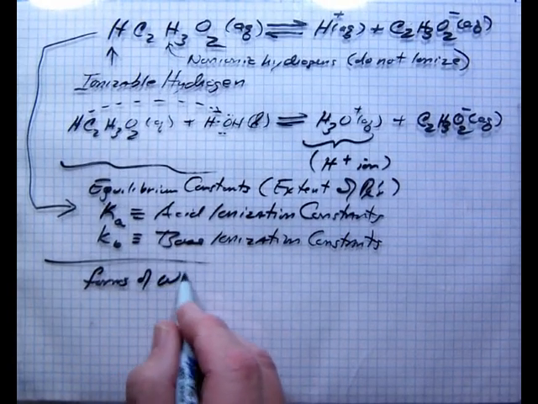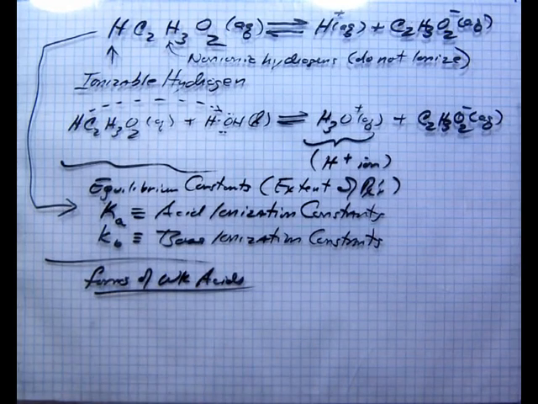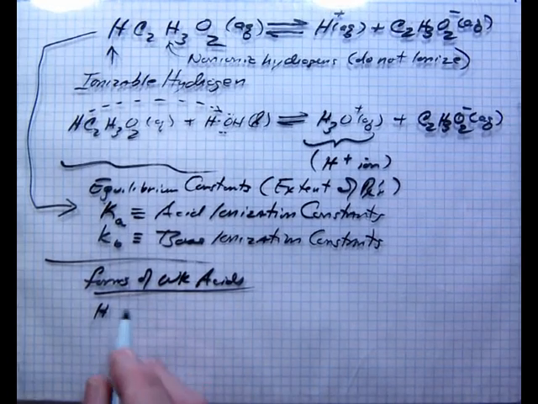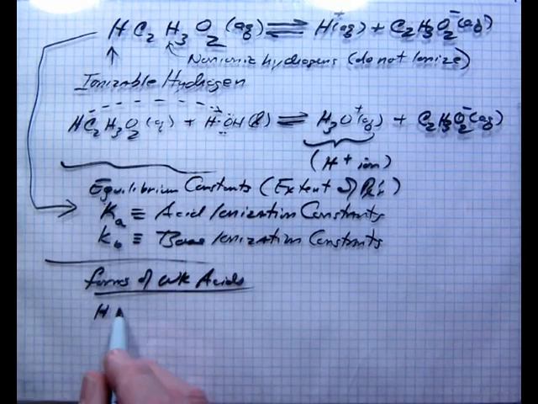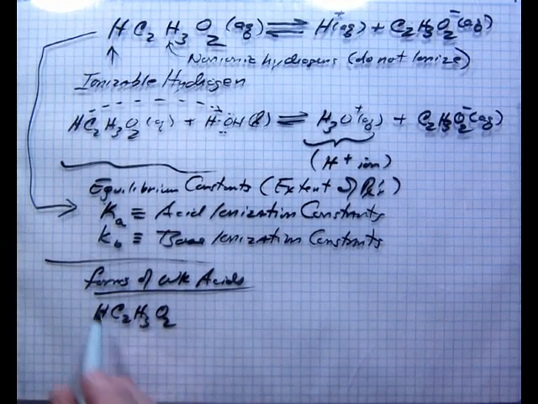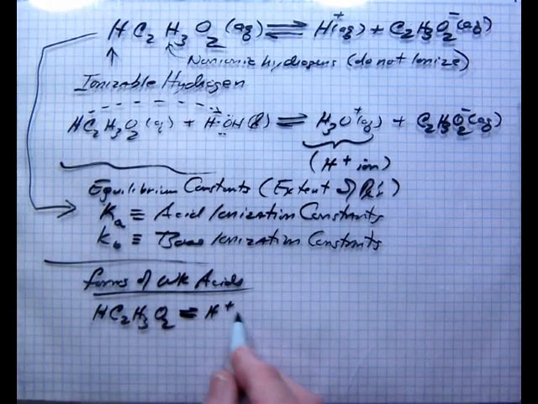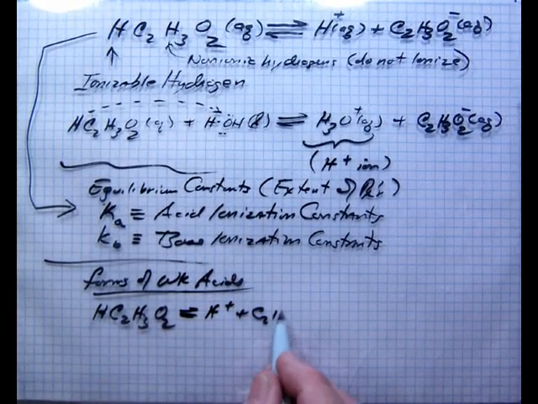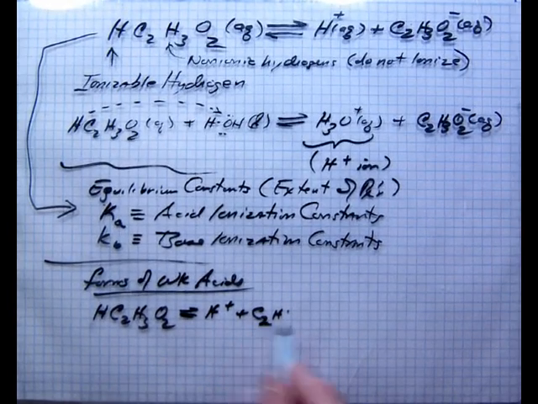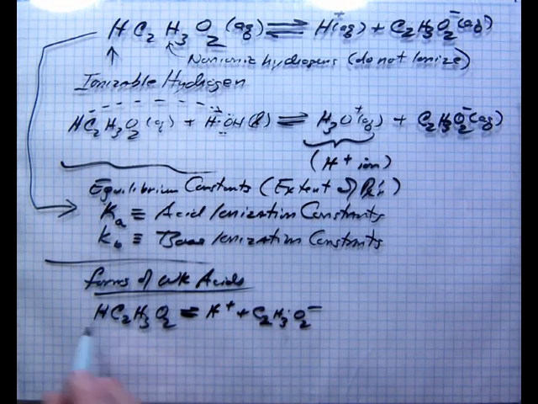I just showed you the acidic hydrogen out front, HC2H3O2, and when it ionizes, it breaks at the hydrogen and goes to hydronium ion and acetate.